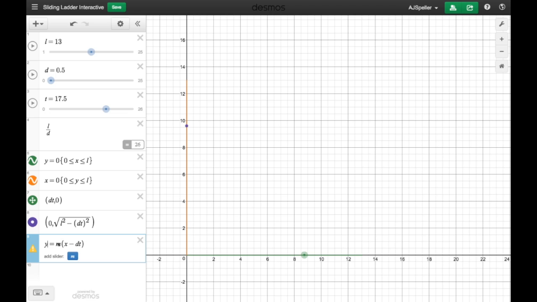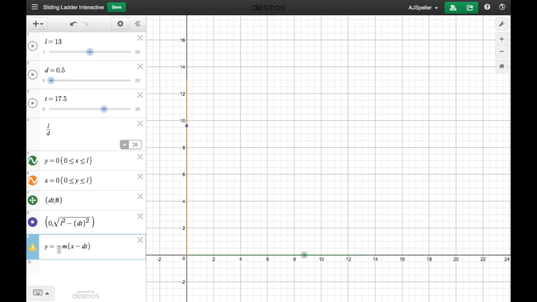And now I need to figure out the slope. Well, remember, the slope is the difference of the y values divided by the difference of the x values. Well, the 2 points that I'm using would be the top of the ladder, where it's sliding down, and the bottom of the ladder sliding left and right. So these two here are 2 points. So I'm going to take the difference of the y value.